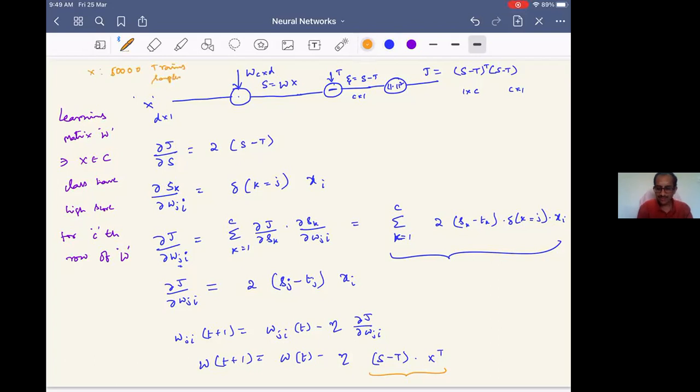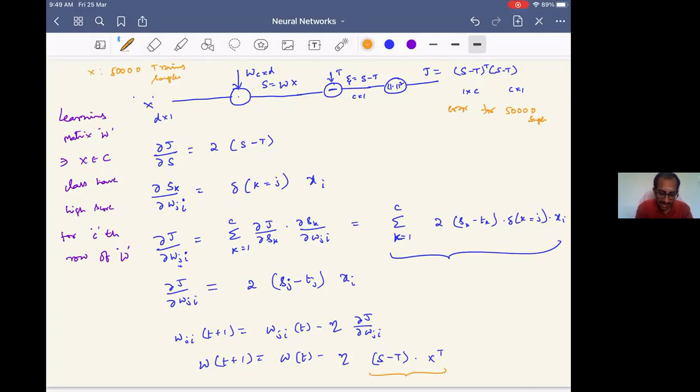You keep giving each of them, and then you find out the error for all 50,000 samples. Some of them belong to class 1, some to class 2, some to class 3, and so on.